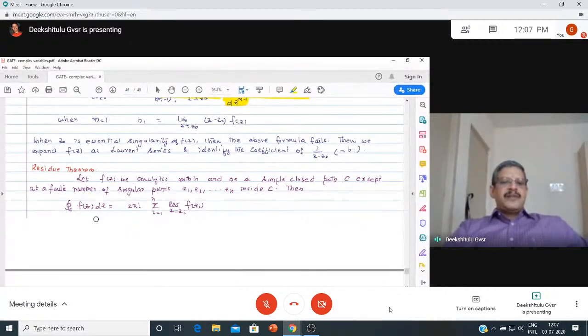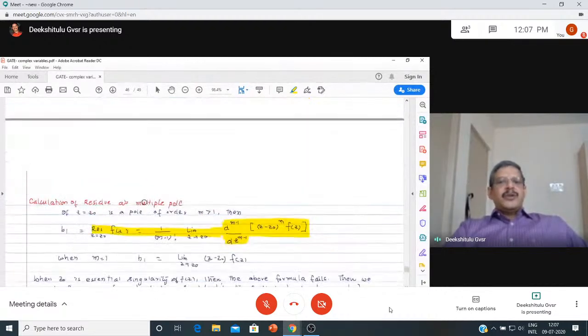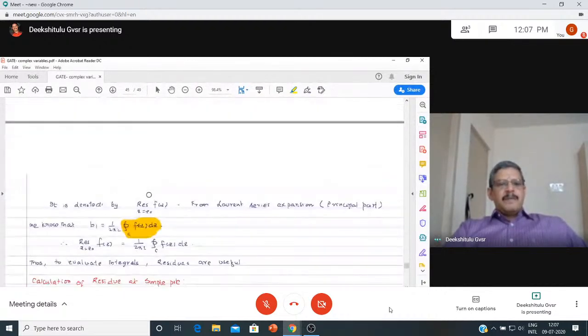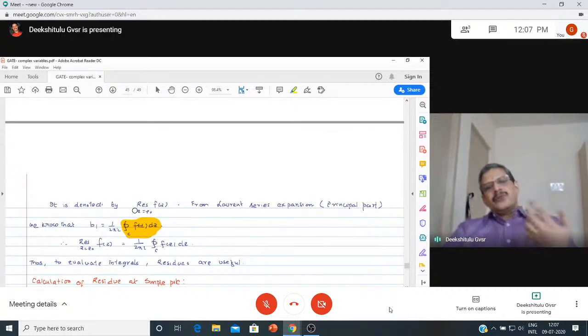Then draw small circles around all these points, what we call neighborhoods. Then the integral over C of f of z dz is 2 pi i into the sum of the residues. If you have only one simple singular point, b1; if so many, we have b1 plus b2, so many such points. Residue 1, residue 2, residue 3, and add all the residues.